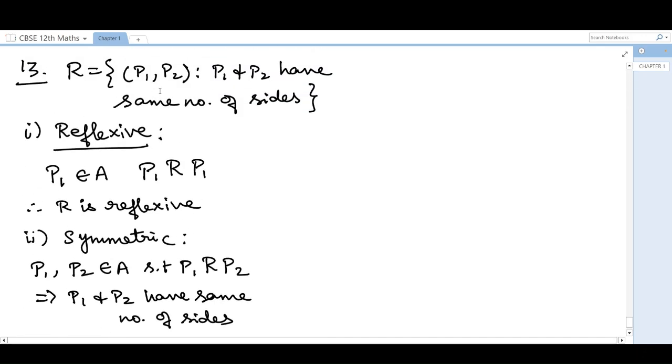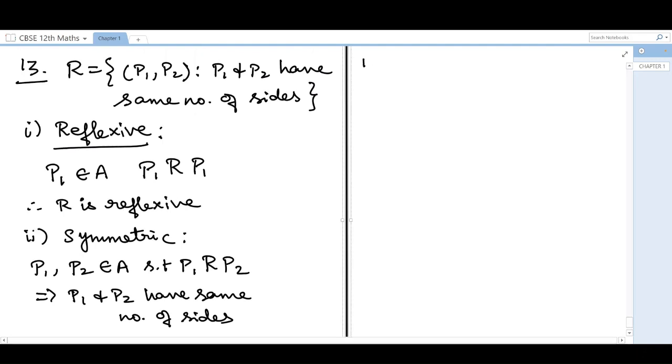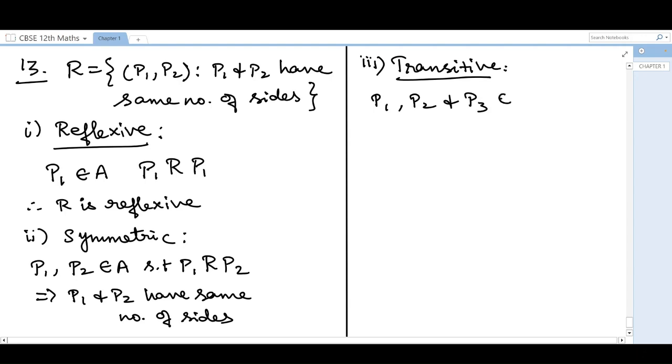Moving on to the third property, transitive. Let us consider three polygons, say P1, P2 and P3 from the given set A such that P1 is related to P2, P2 is related to P3.